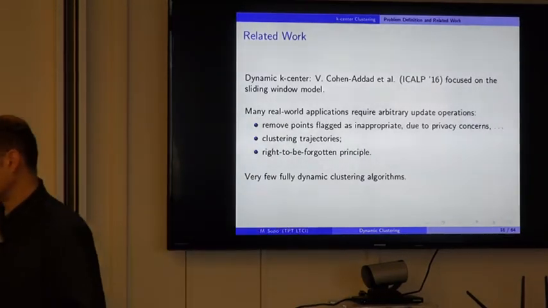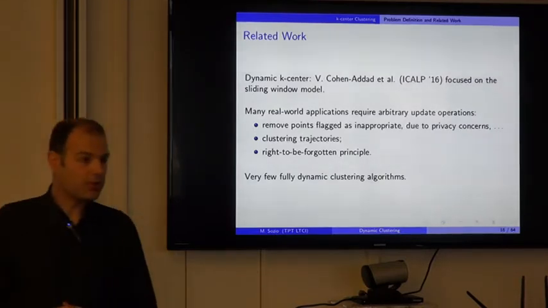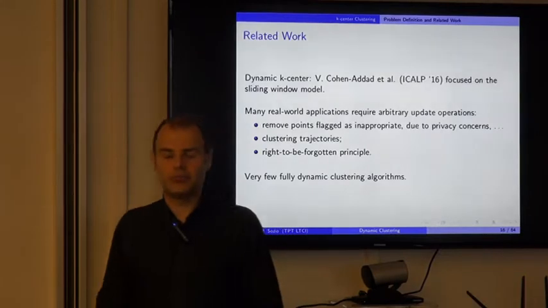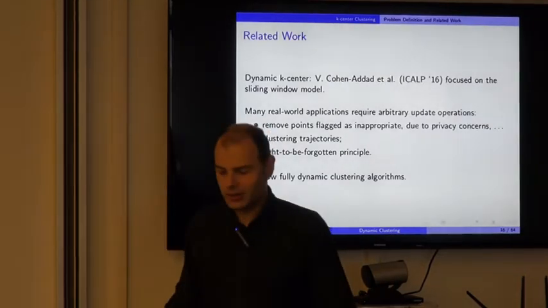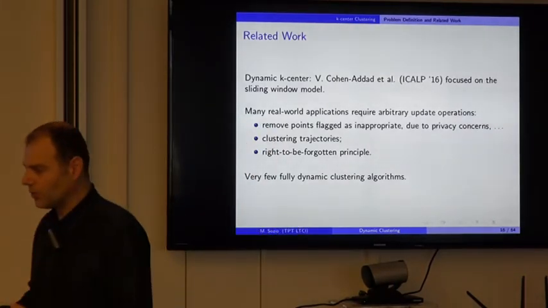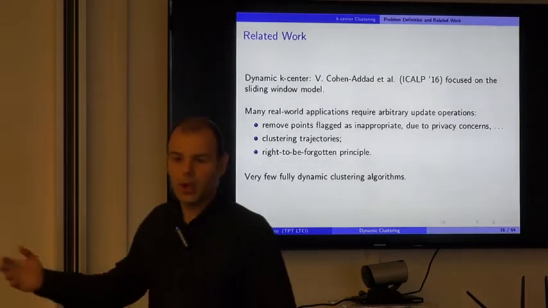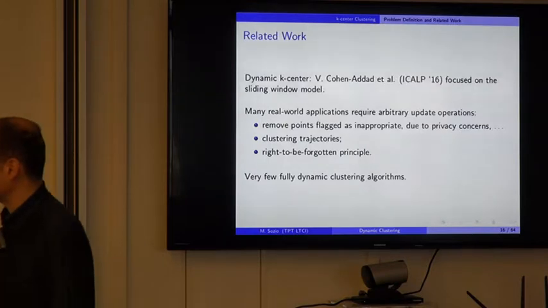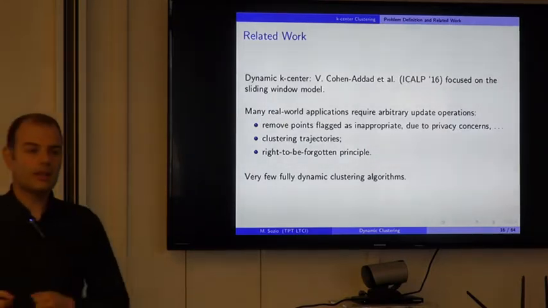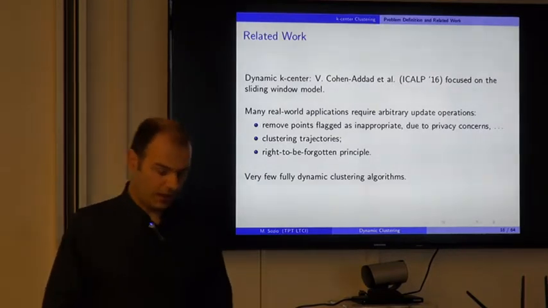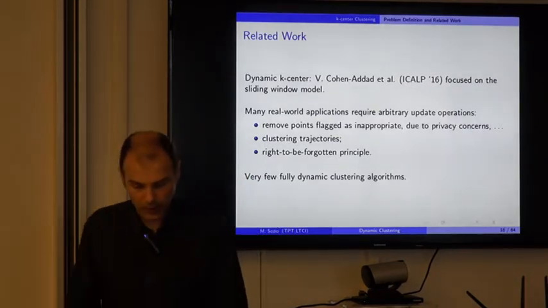There is also the right to be forgotten principle: if you want to delete your account on Facebook, you should be able to do that. Again, you cannot make any assumption on how these accounts are deleted or created. And also the very same problem I mentioned before, like the problem of clustering trajectories. Again, in that case, you would like to deal with arbitrary insertions and deletions.